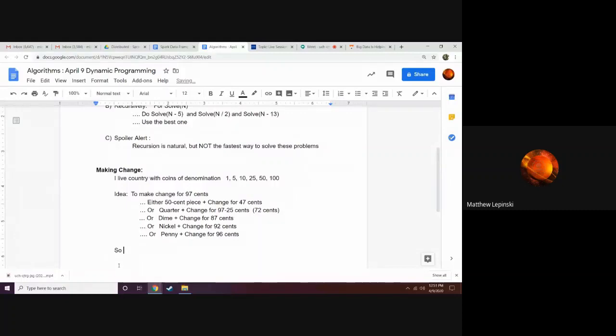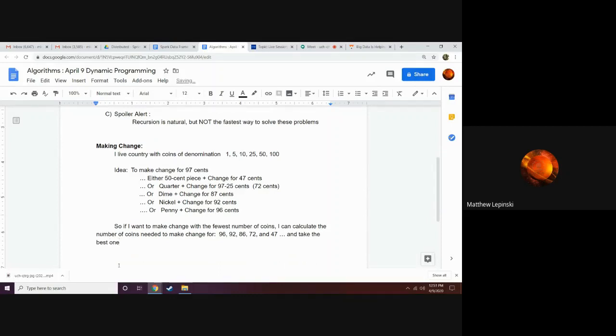So if I want to make change with the fewest number of coins, I can calculate the number of coins needed to make change for 96, 92, 87, 72, and 47, and take the best one.